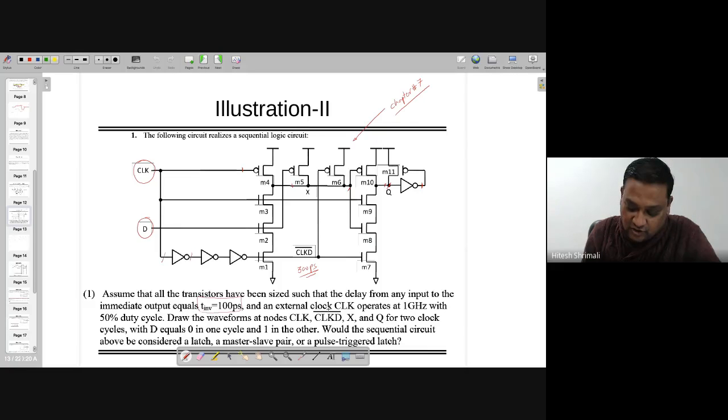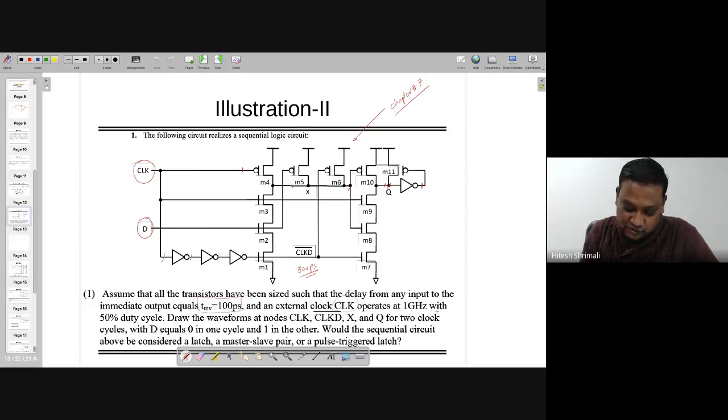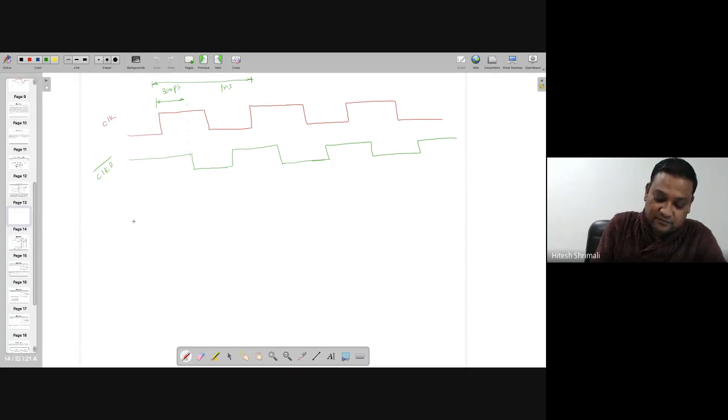Note that the external clock is operated at 1 GHz, meaning this value is going to be 1 nanosecond, and this will be 500 picoseconds. Out of which 300 picoseconds took time to get settled for giving output clock T bar. So draw the waveform at nodes clock D bar, X and Q for 2 clock cycles with D equal to 0 in one cycle and D equal to 1 in the other. So, cycle 1 and 2.